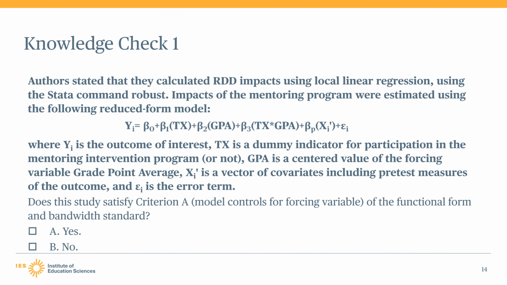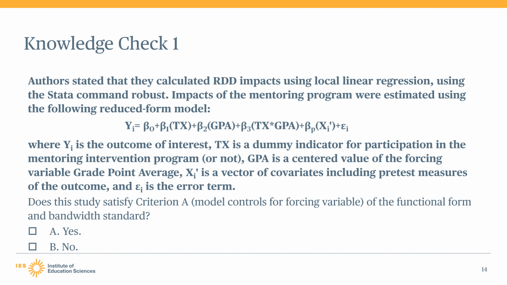All right, it's time for your first knowledge check in this module. Authors of a study state that they calculated regression discontinuity design impacts using local linear regression using the Stata command robust, which provides robust standard errors.